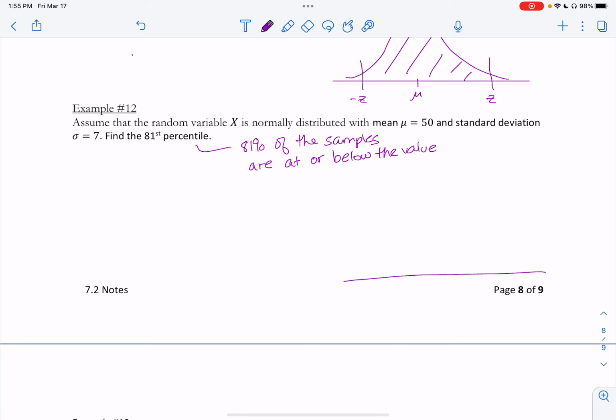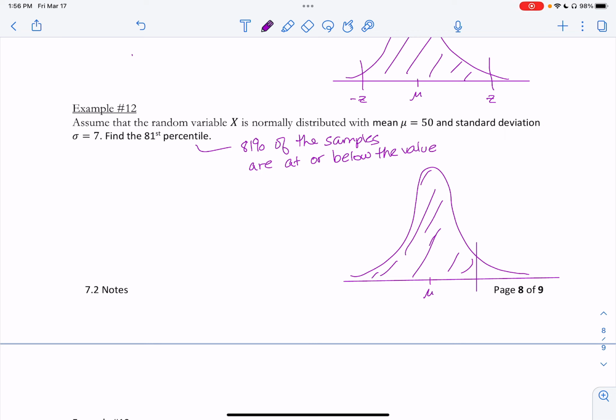So what we're looking at is less than or equal to. This is my middle, so that's my mean. 50% is to the left of the mean. So I'm somewhere over here. This whole area, all the way down to whatever this value is right here, is equal to 0.81, which is 81% of my 1.